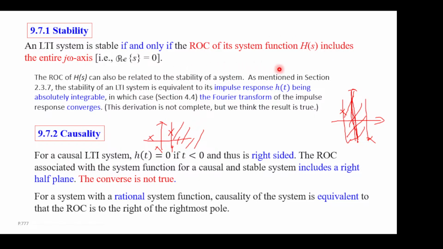The idea is that the system is stable if and only if h of t is absolutely integrable, as we said in chapter 2. Then we have a not very rigorous derivation that says h of t being absolutely integrable if and only if the Fourier transform converges, and then if and only if the ROC contains this line.